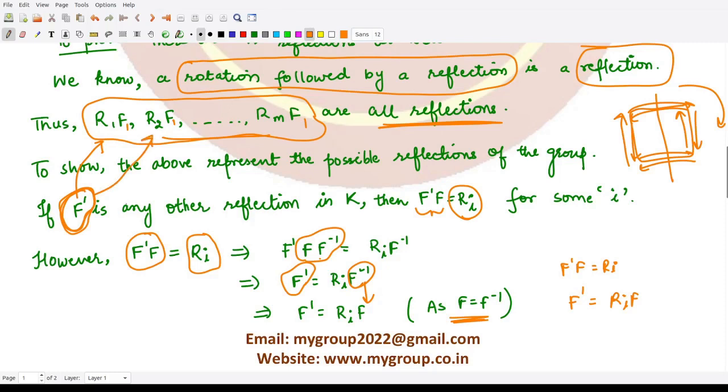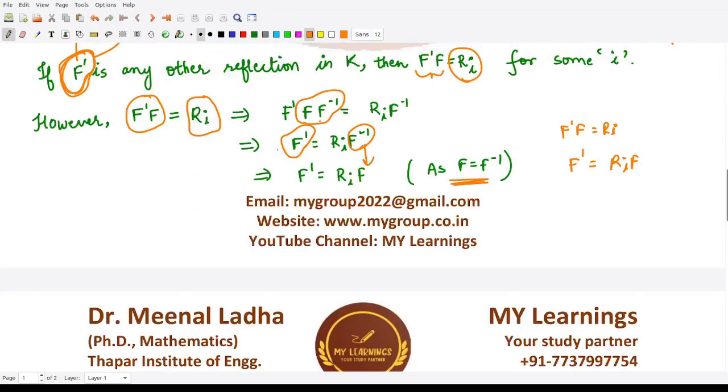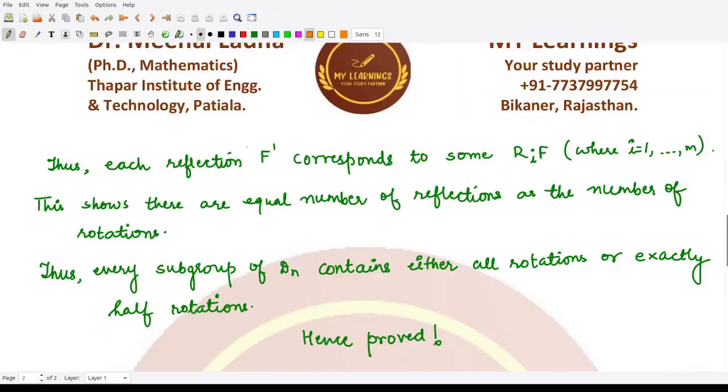Hence in this case, we conclude that there are only these m reflections present within this subgroup H, right? Corresponding to each reflection f dash, it corresponds to some Ri f. So whatever is the number of rotations we have, the same number of reflections would be present.